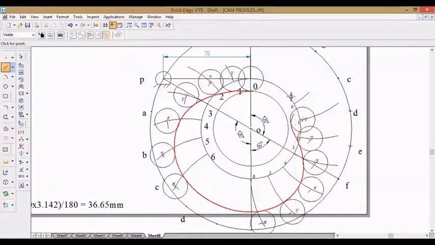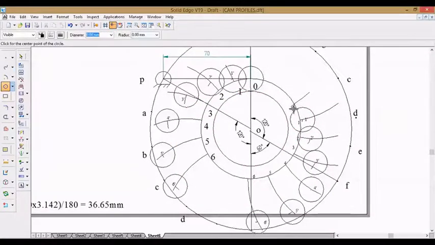I have to draw one more circle here actually. From 0 I need to draw one more circle. I will draw one more circle here at 0.